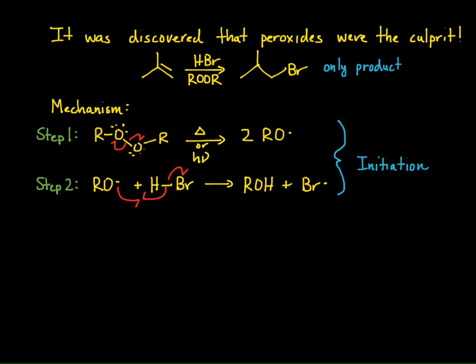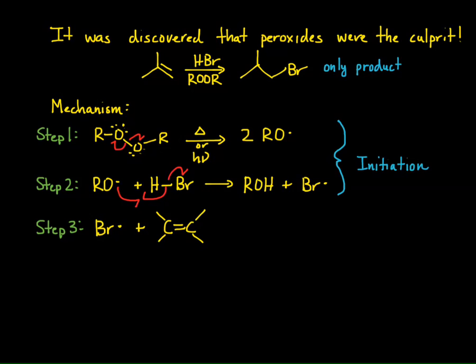Now, we say these two steps are what initiates the reaction, and we're going to see why that is in just a little bit, because all I need is a small amount of bromine radical, and that bromine radical in step 3 is what is going to react with my alkene. Right? So here I have an alkene, and I'm reacting it with that bromine radical.